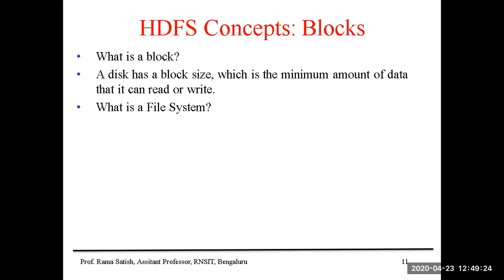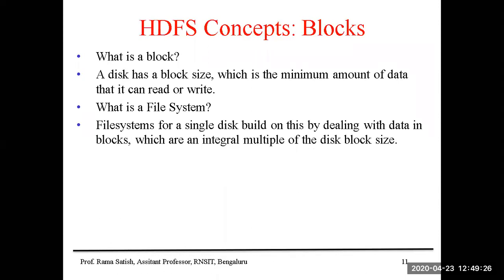What is the file system? A file system for a single disk is built by dealing with data in terms of blocks. If you collect many such blocks, it becomes a file system, which is an integral multiple of disk block sizes. The basic component of a file system is a file block.